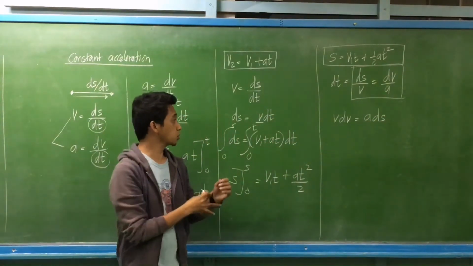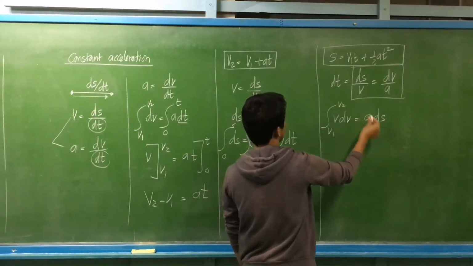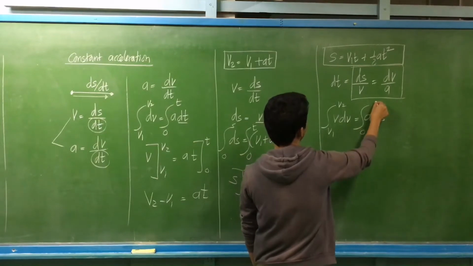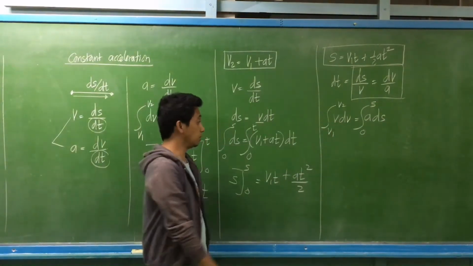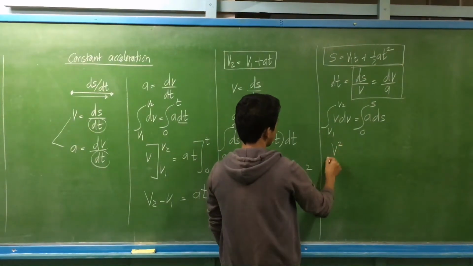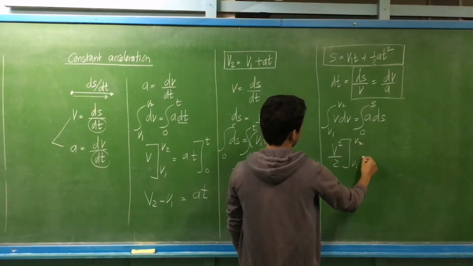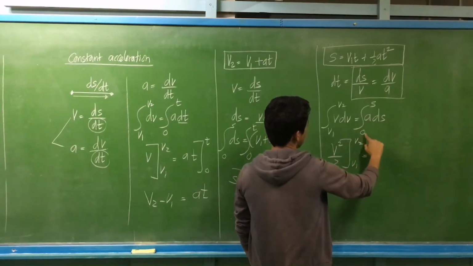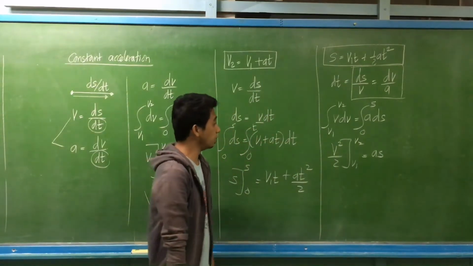Then we integrate both sides of the equation. This is from initial velocity to final velocity, and this is from 0 to s. So the integral of v dv is equal to v squared over 2, evaluated from v1 to v2, equal to a ds, from 0 to s. Let us now evaluate.